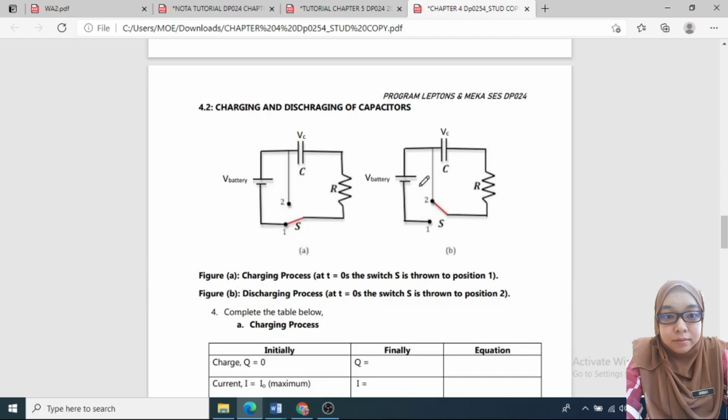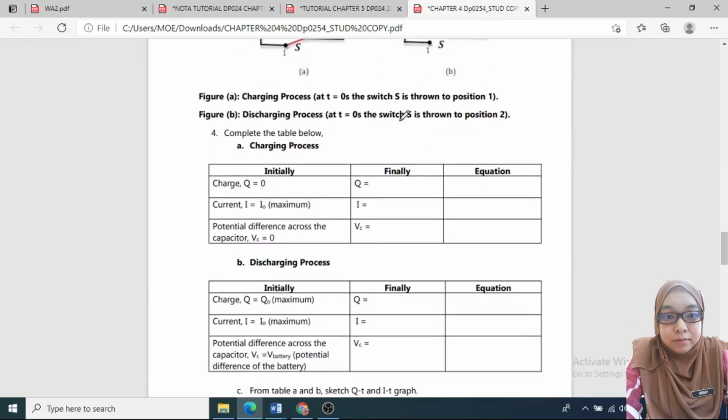So here we know for the charging process, charge equal to 0 initially will be equal to Q0. Okay, so finally it will become maximum. And then the formula is Q equal to Q0 bracket 1 minus the exponent negative t over RC.